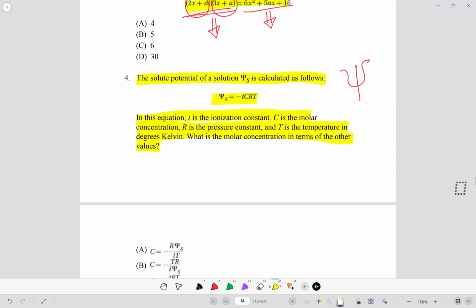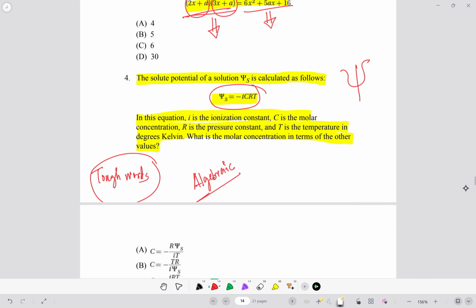So this is nothing but them giving you some tough words, okay? The problem sounds tough, but the solution is algebraic manipulation, because you're just going to rearrange the equation.